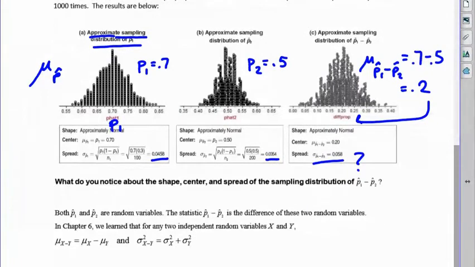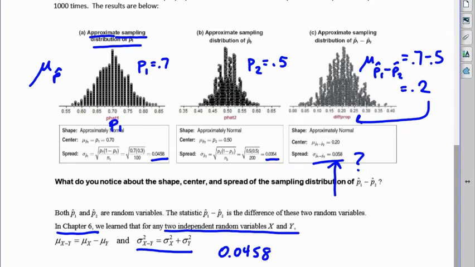Okay, down below. That value right there, you can see from chapter 6, when we have two independent random variables, x and y, we can find the standard deviation through the variance. If you think about this number right here, one way we could have gotten it is to go through the standard deviation values for the first group and then the second group.